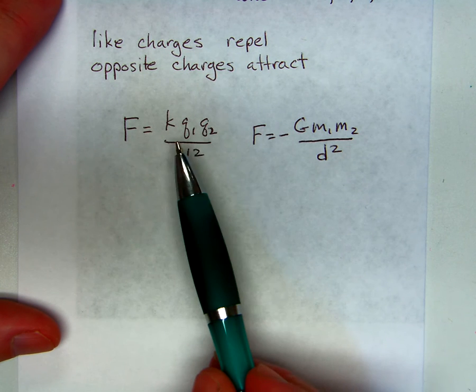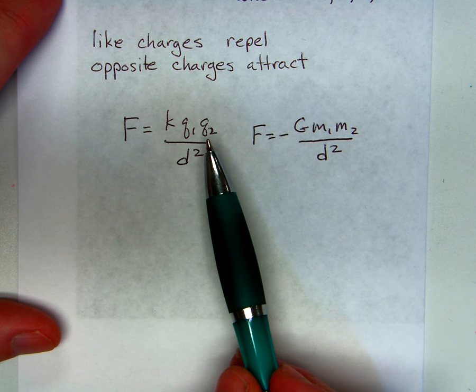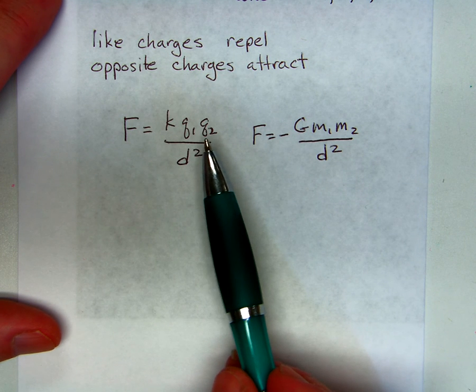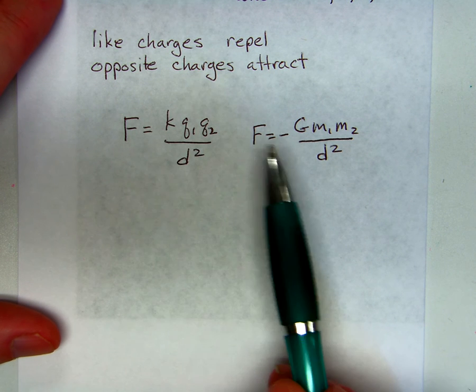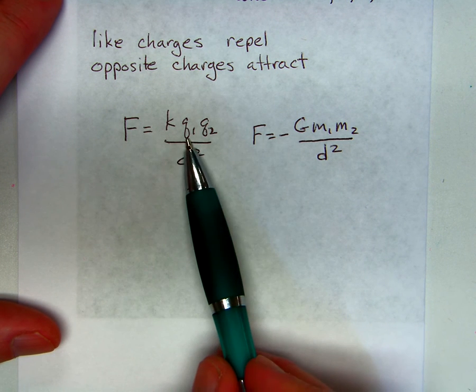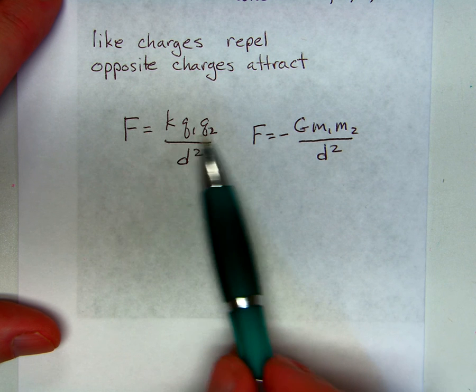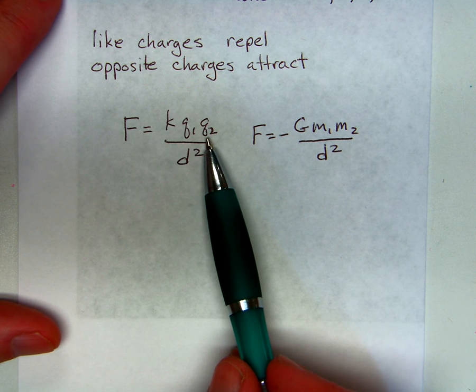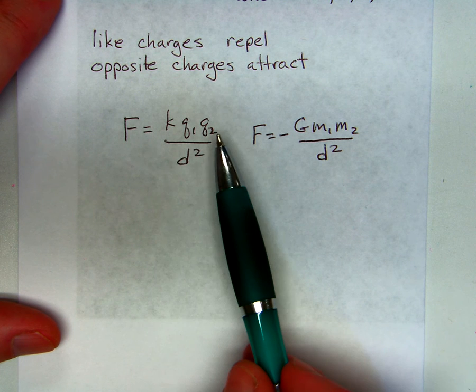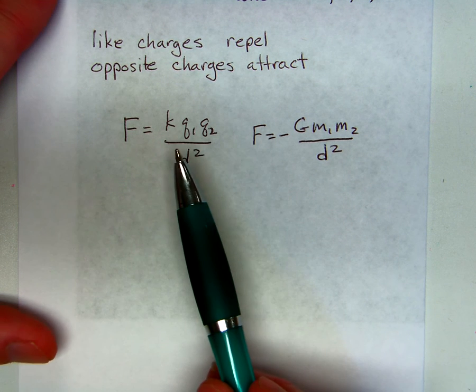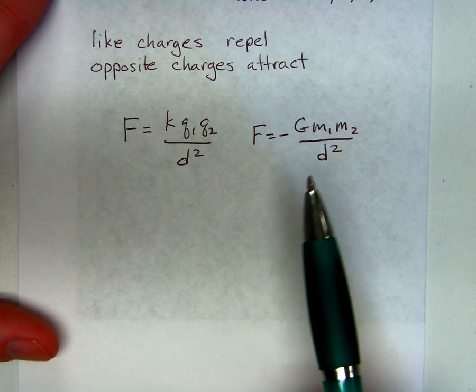Because if both of these charges are the same, we'll get a positive value for the force, and that means that it repels. If they're opposite signs, one's positive, one's negative, then we'll get a negative sign for the force, and that means it's an attractive force.